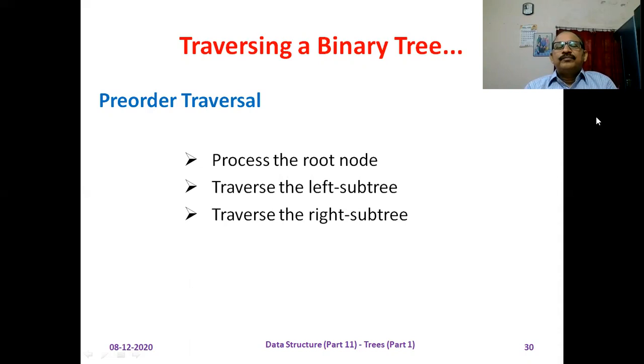Okay. With the help of these three steps, we traverse a binary tree in pre-order traversal. Process the root node, traverse the left subtree in pre-order, and next is traverse the right subtree in pre-order.